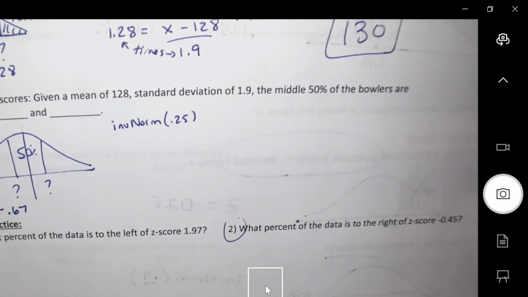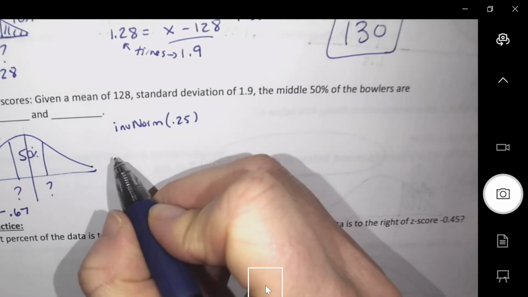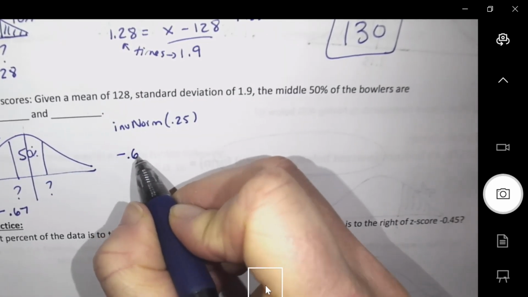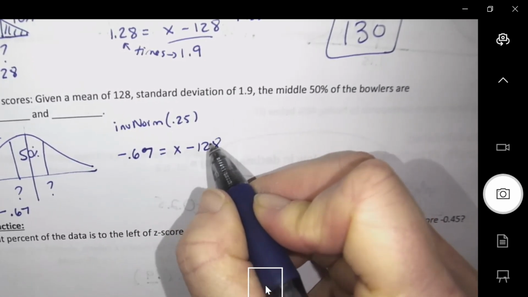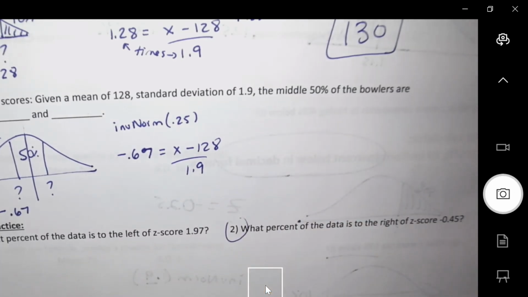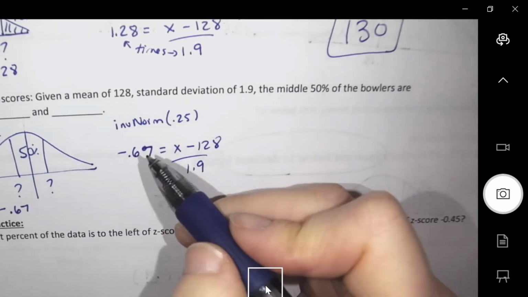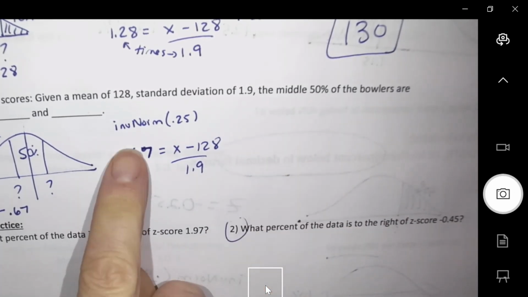Okay. I'm also going to tell you this hint. No, I'll tell you it after. Okay. Give me the bowling score. So negative 0.67 equals my score minus 128 over 1.9. Do we have our algebra down?